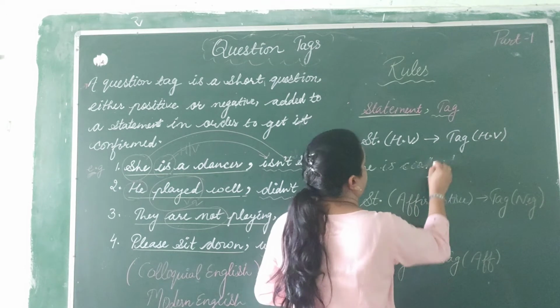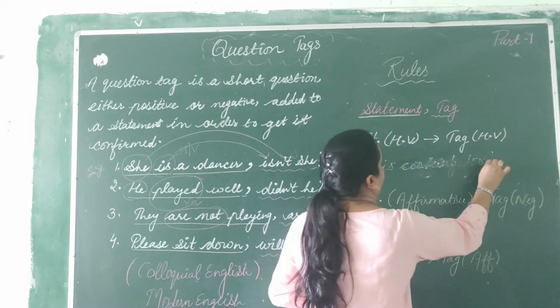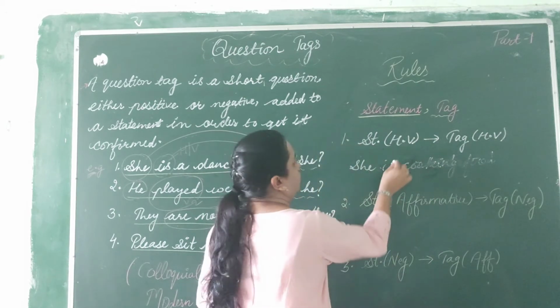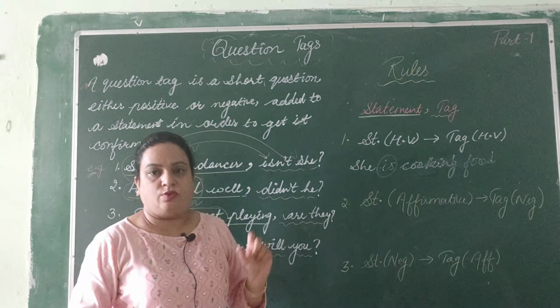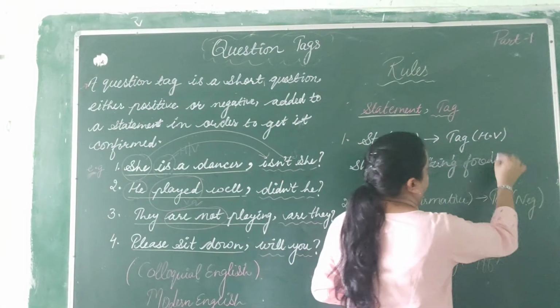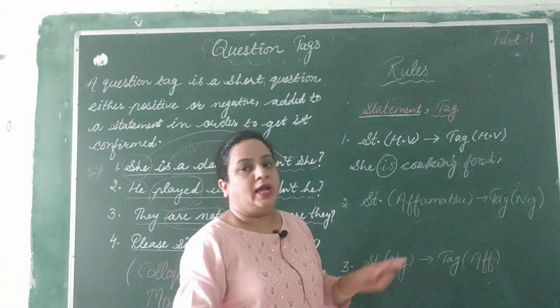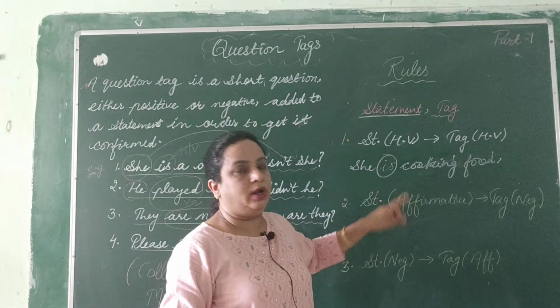So she is cooking food is the statement where we have the helping verb, what? Is, right? Now when we have to use a question tag, you will put the comma, and in the question tag this helping verb is required.